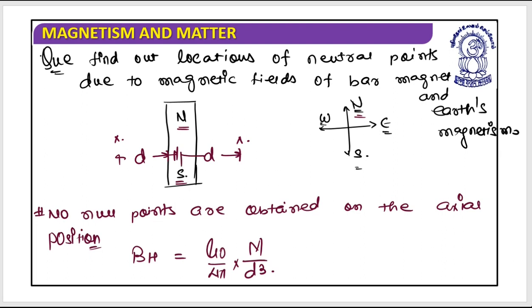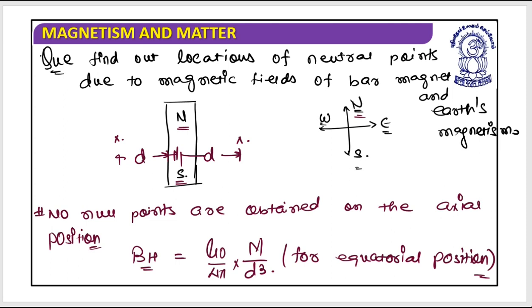So no null points are obtained on the axial position, but on the equatorial position we could have a null point. I hope this is clear. So B equals mu naught by 4 pi into m by d cube. Generally they will provide me the BH, and this distance can be calculated very easily. I hope this is clear.